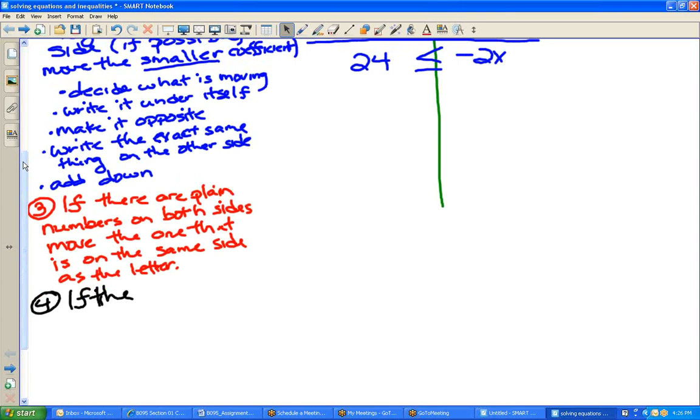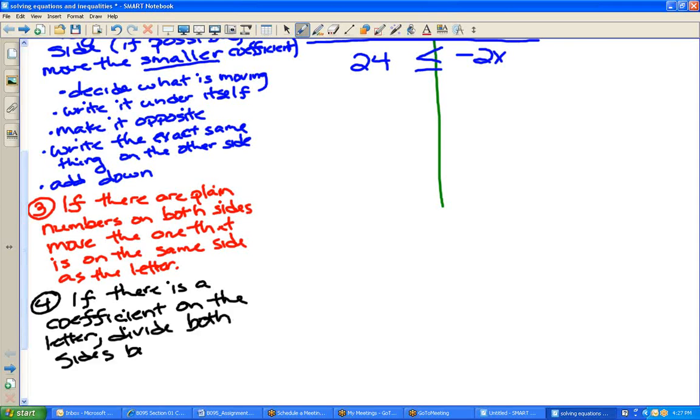Step 4. Okay, so then if there's a coefficient, remember the coefficient is the big number attached to the front of the letter.